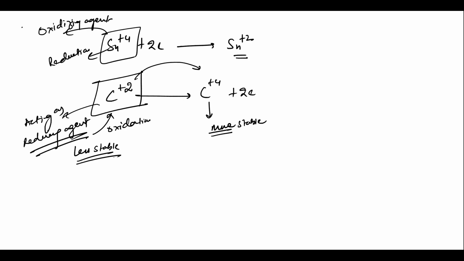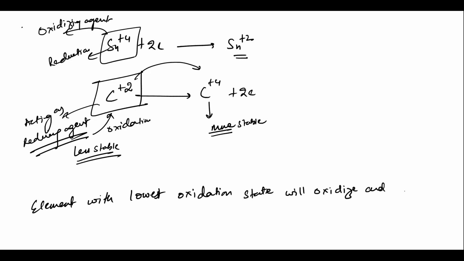So we can simply say that the element with the lowest oxidation state will oxidize and act as a reducing agent. Got it? Element with lowest oxidation state will oxidize and act as reducing agent.